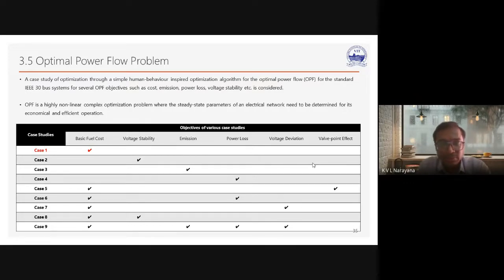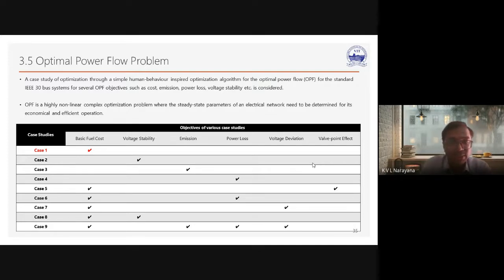Whereas in the fifth case, there is a multi-objective. The first objective is minimization of the fuel cost by considering the valve point effect. In case 6, he considered minimization of both the fuel cost and the power loss. In the 7th case, he considered minimization of the fuel cost and minimization of the voltage deviation of the various bus voltages, the load bus voltages and generator bus voltages.